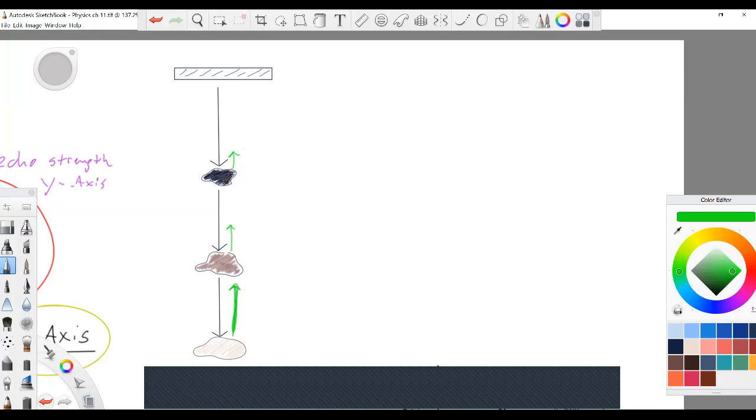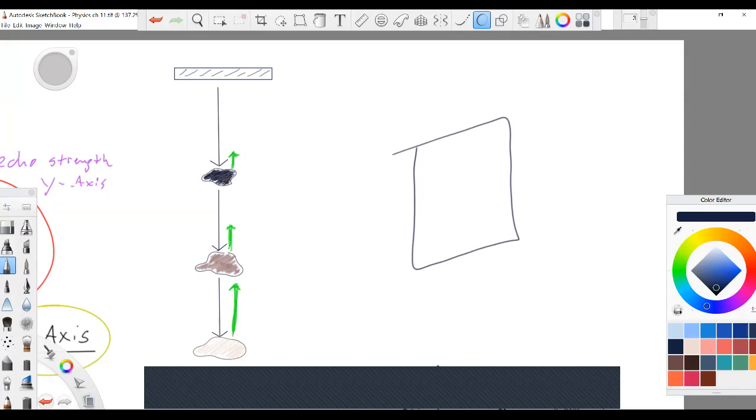And arrow height indicates graphically the strength of the echoes. And so on our z-axis, let's just do this.